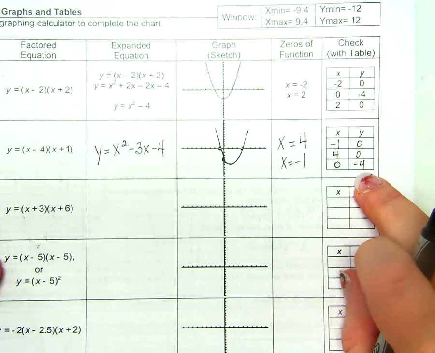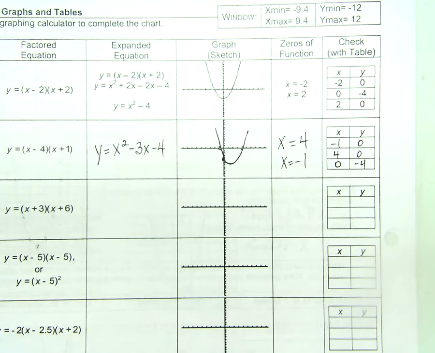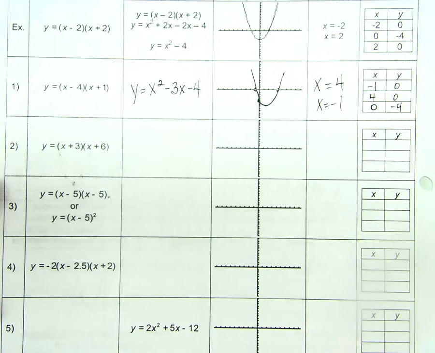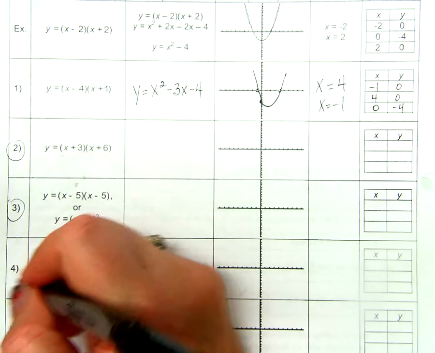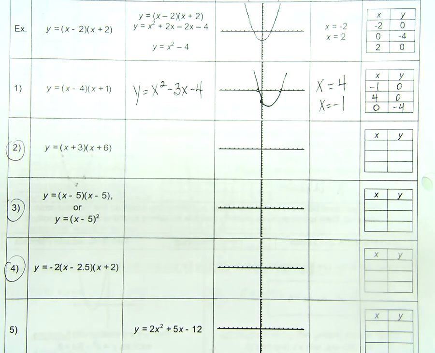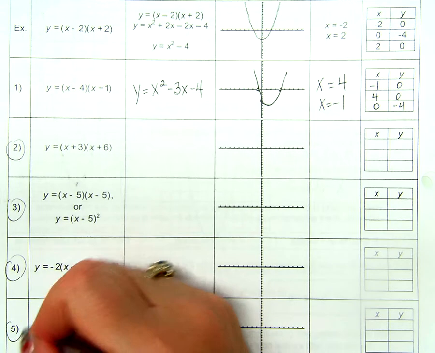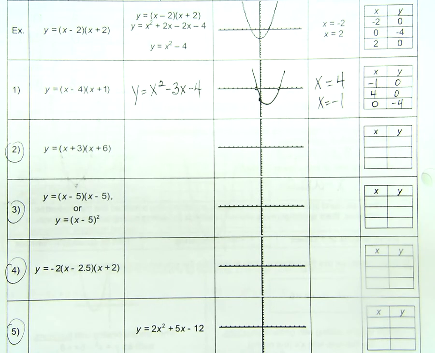And where'd you get that? Y-intercept. Okay? So, I want you to circle 3, 2, 3, and 4, actually. And I'm also going to have you circle 5. 5 is different, isn't it? What do you have to do? You have to factor it, right? Okay?